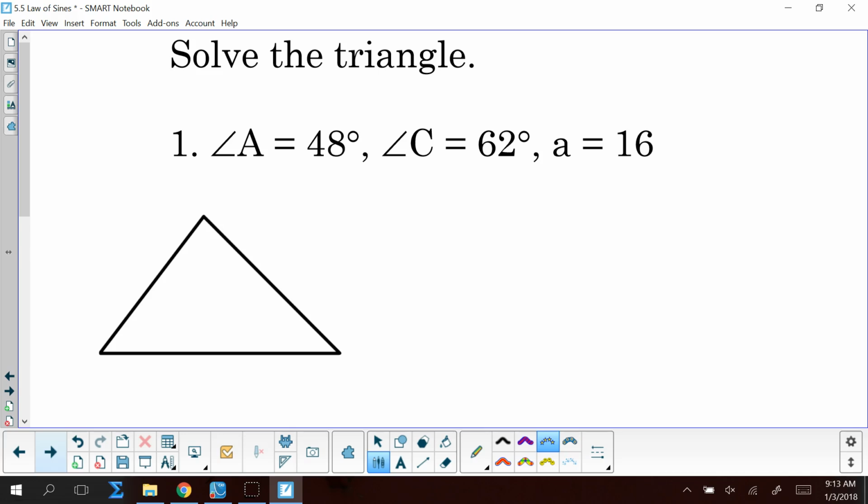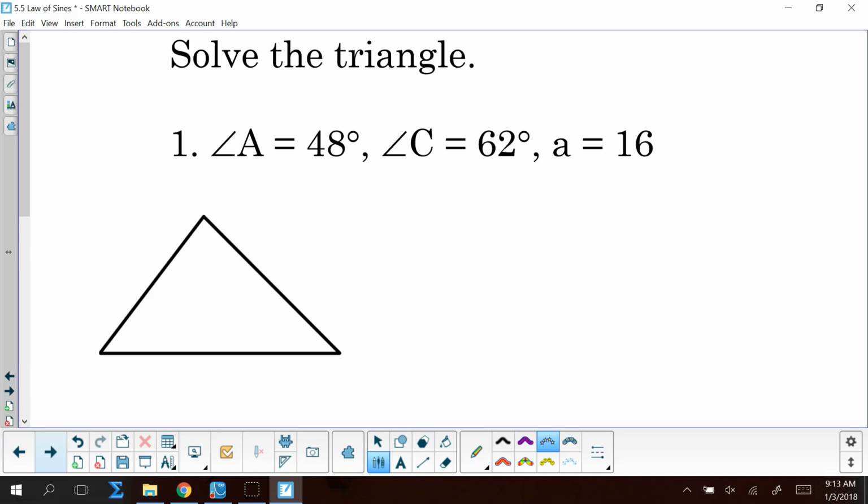So you'll always be given 3 things, which means you have to find how many things? 3. Okay? Because there's 6, because there's 3 angles and 3 sides, if I give you 3 of them, that means you got to find 3 of them. That's what solving a triangle means. You got to find the 3 missing parts. Alright, so now we know what that means.